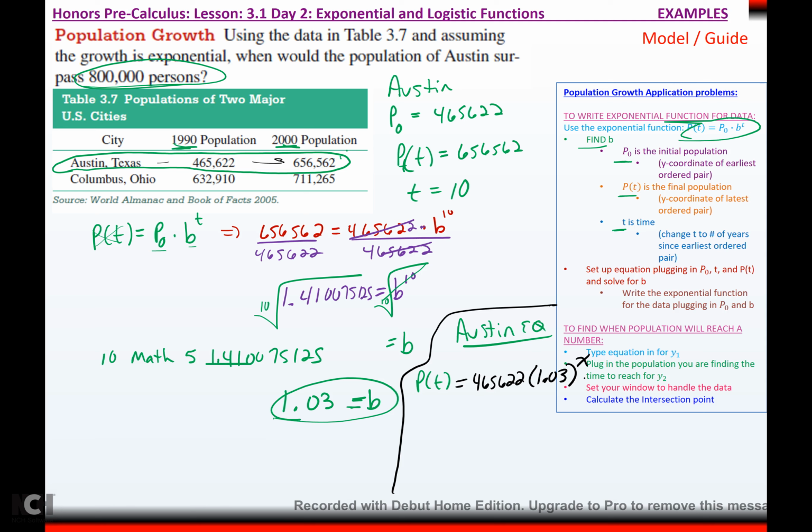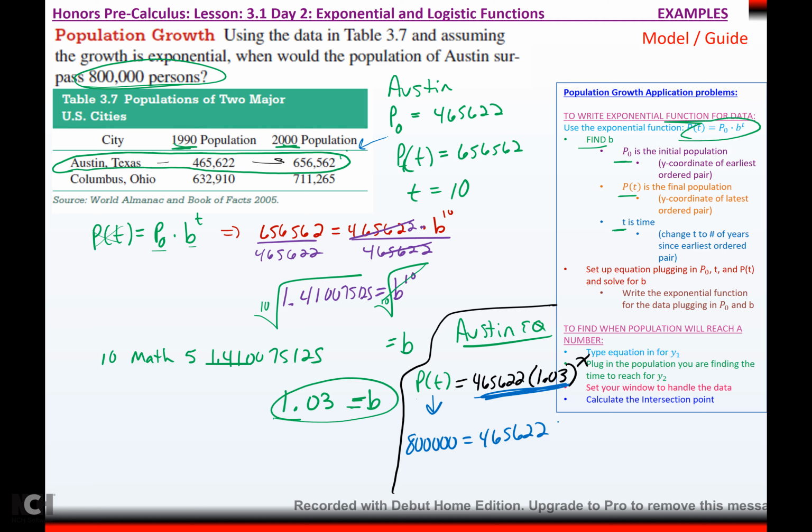Now, you now have a model to represent the population growth of Austin, Texas. So now what they want you to do is to use this model to figure out when will this population surpass 800,000 persons. So they want this to become 800,000.